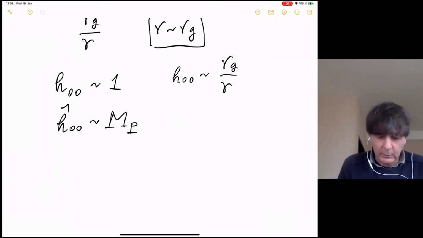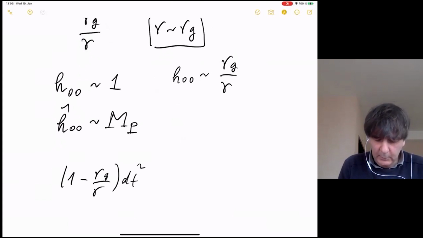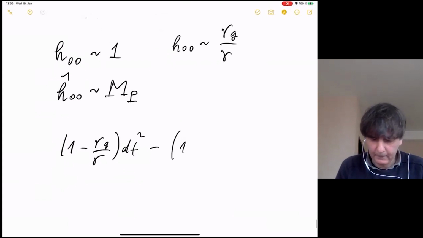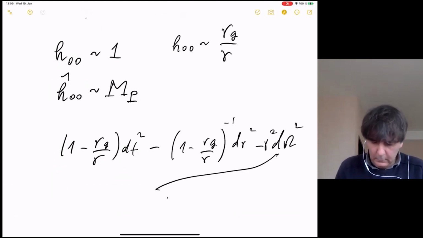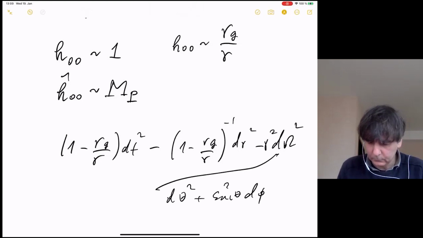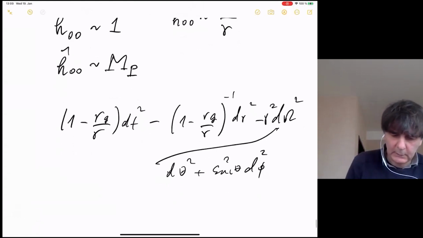The interval for the Schwarzschild solution is written in spherical coordinates, this well-known expression, with the usual dθ² plus sin²θ dφ².